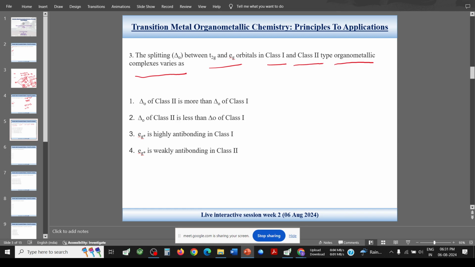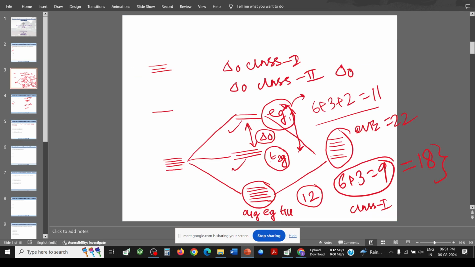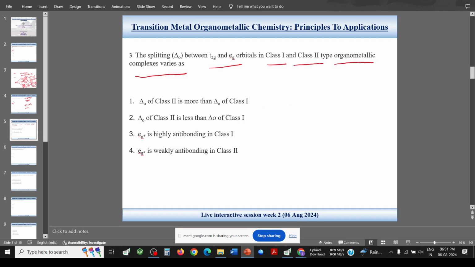The splitting of delta 0 means this separation between t2g and eg.